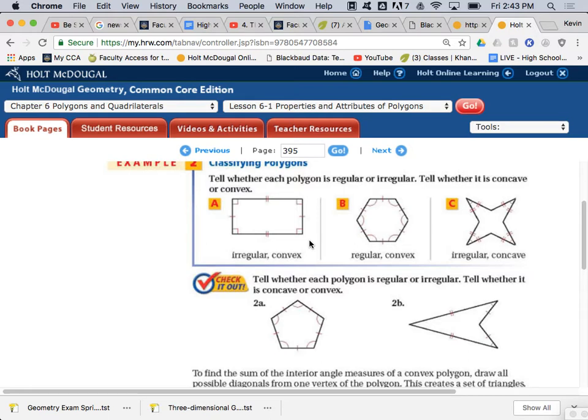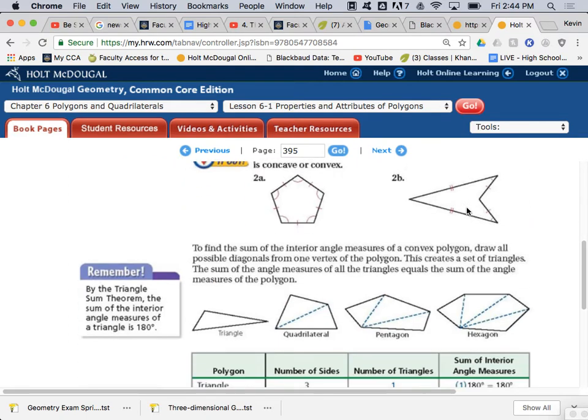Why is C irregular? All the sides are the same, but it's got different angles. You see there's the small angles and then there's the bigger type of angle. Okay. Why is it concave? Caves in, right? In other words, if I draw a line from this vertex to this vertex, it's outside of the polygon, so it's concave.